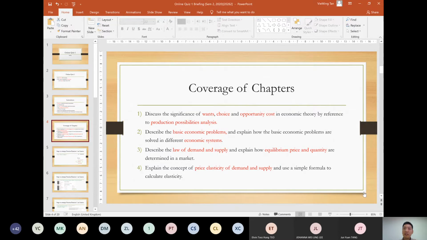This is called scarcity. That is the reason why we want to study economics: we want to learn how to use the limited resources to fulfill the unlimited needs and wants of human beings in the world. That is the main issue, scarcity.